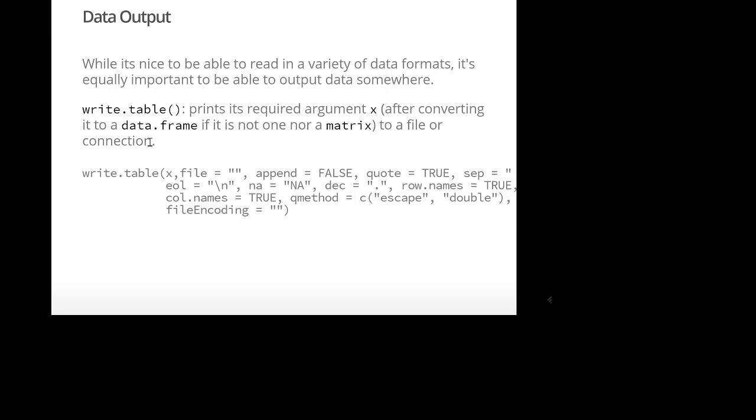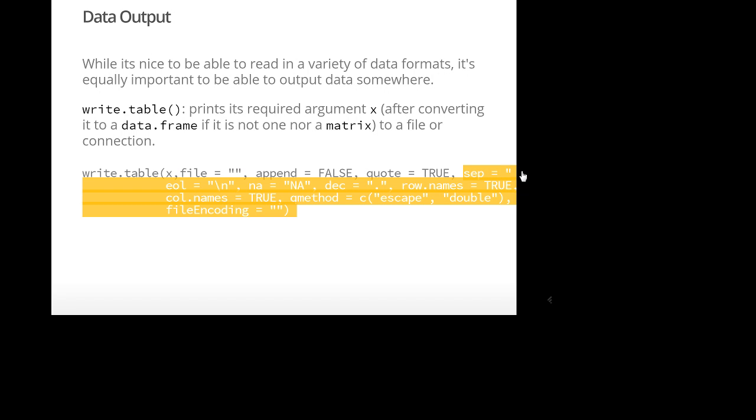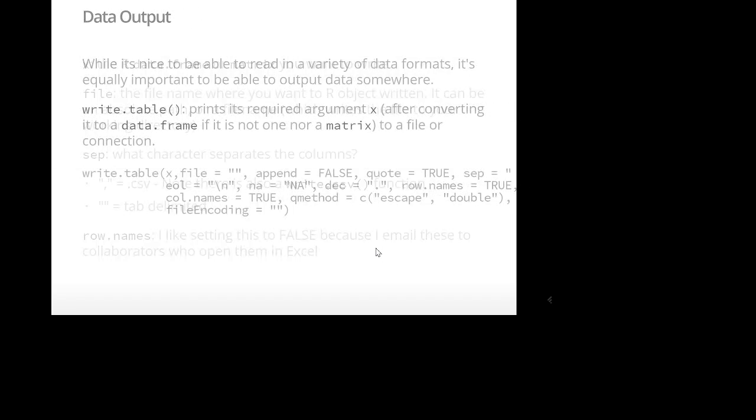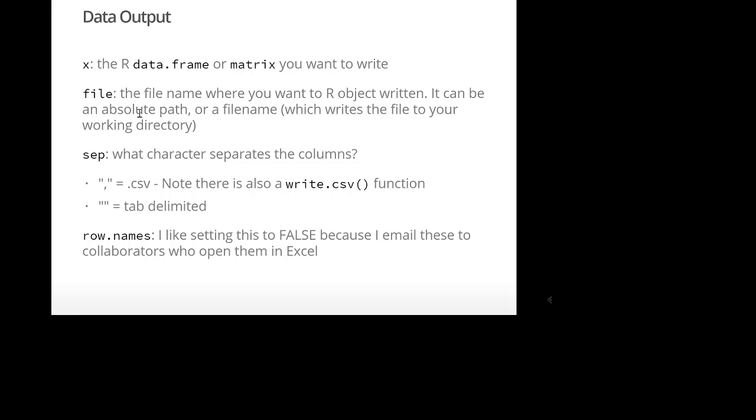So that's write.table. The general syntax is write.table, the name of the data frame or matrix, the path to the file that you want to write it to on your computer, and then other options that you might not need. The only one you'll probably need is sep. And also the last one is row.names. It asks whether you want to write out the row names as the first column of your table.